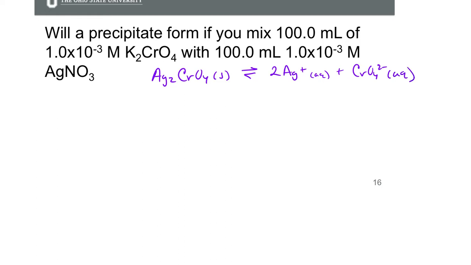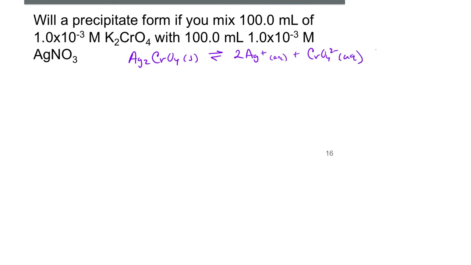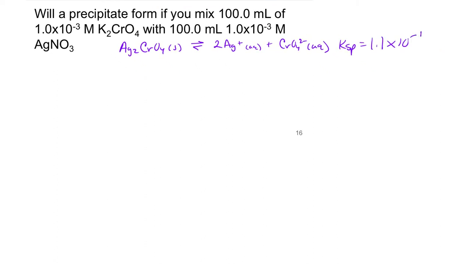And the KSP for this equilibrium is 1.1 times 10 to the minus 12. We're going to use that in a little bit, okay?